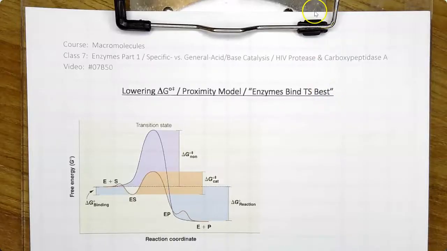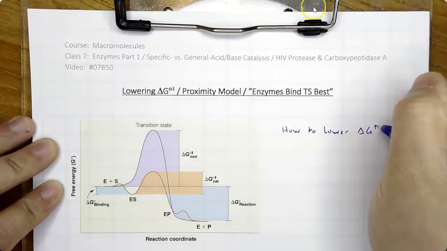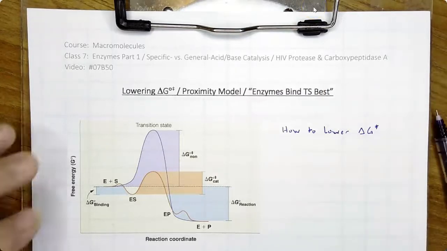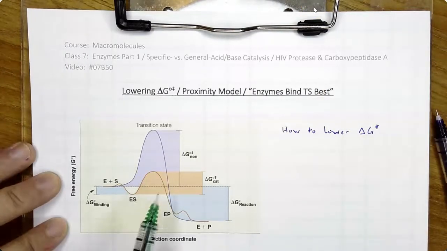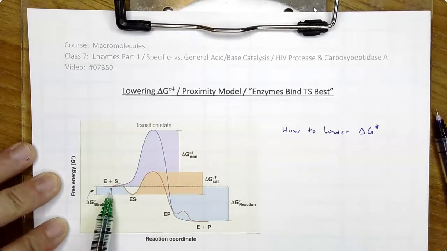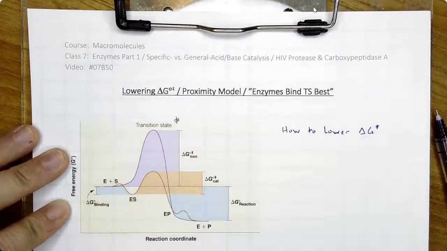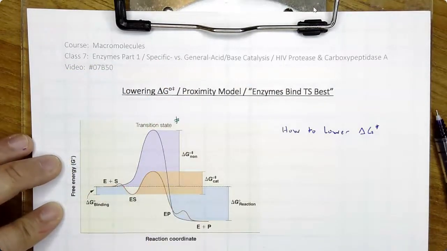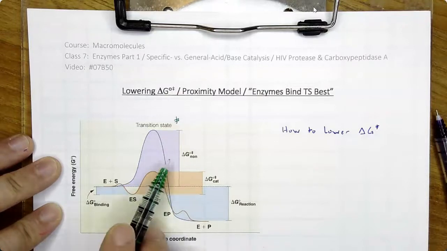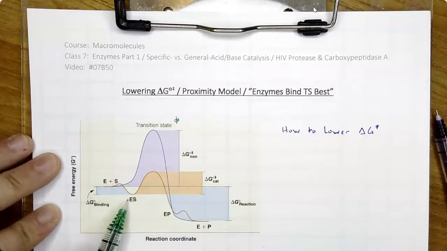I want to start with knowing how to lower delta G double dagger. Don't forget that the double dagger refers to the difference in delta G from the valley to the transition state. This is the double dagger. And so when we have an enzyme that lowers the delta G, it actually lowers the enzyme substrate complex as well.